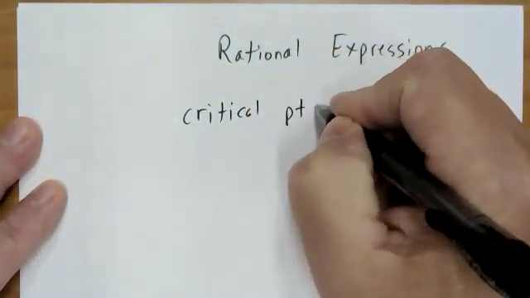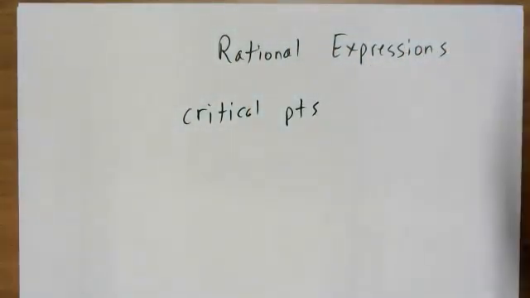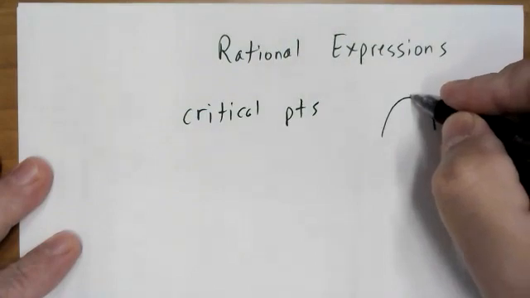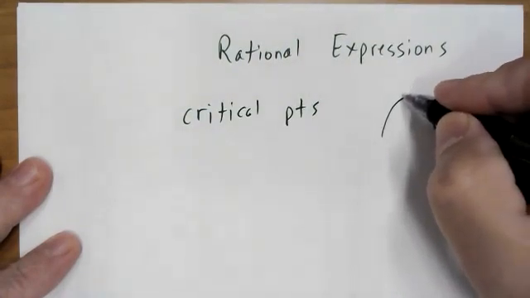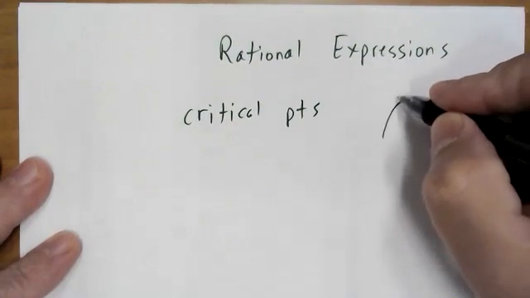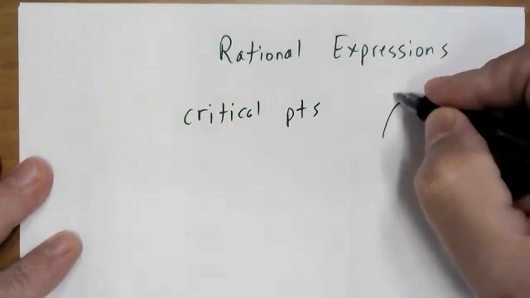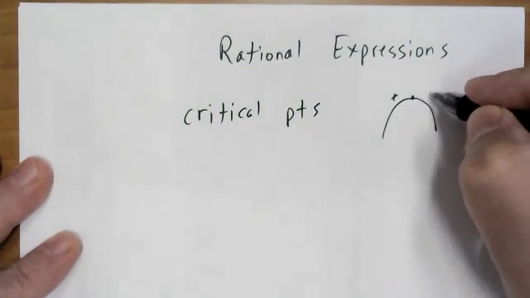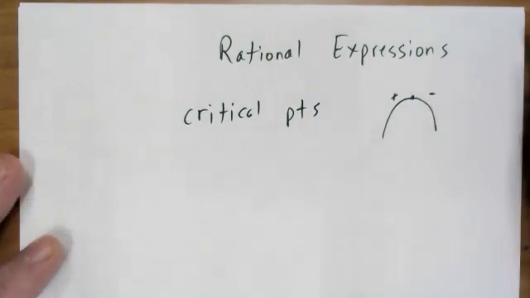The key thing about critical points is oftentimes at critical points, for instance, if you have a maximum here, on the left-hand side of this maximum, the slope is positive, it's increasing, and on the right-hand side, it's negative.